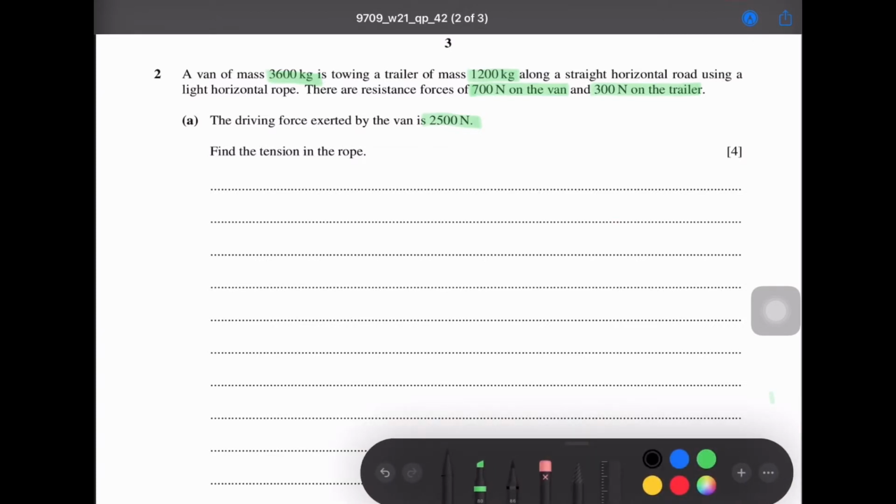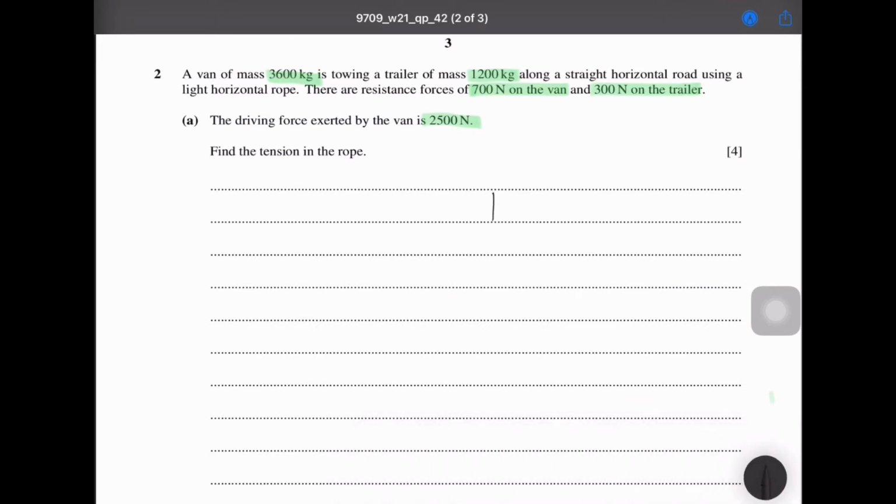So let me draw the diagram first. Let me consider this is the van. It is towing a trailer and the driving force is 2500 Newtons. These are connected by a light inextensible string.